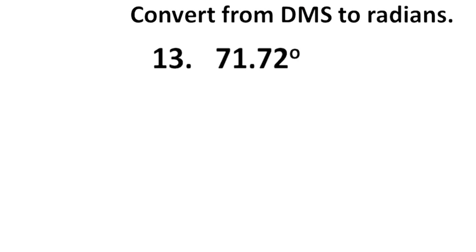Okay, next on our problem 13, we have 71.72 degrees. So we're going to convert this into, again, radians. So we take our 71.72 degrees and we convert to radians by multiplying by pi radians over 180 degrees.